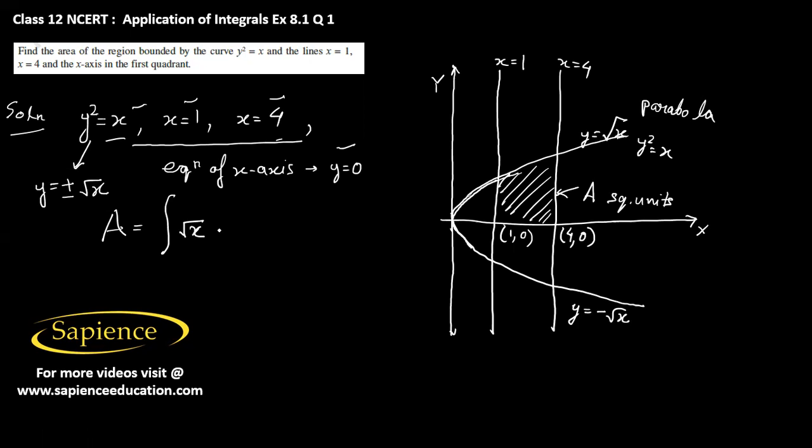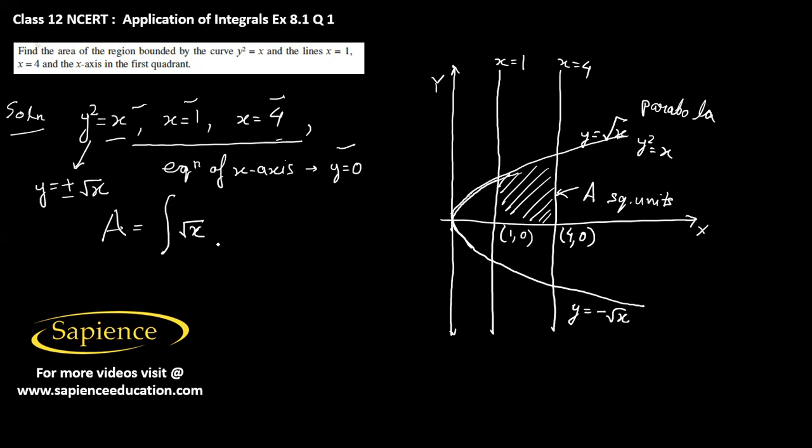Okay, so now we simply can solve by doing this. Integral root x dx, and x is going from 1 to 4. So the lower limit is 1 and the upper limit is 4. Now we know that the formula for the indefinite integral of x power n dx is x power n plus 1 by n plus 1.